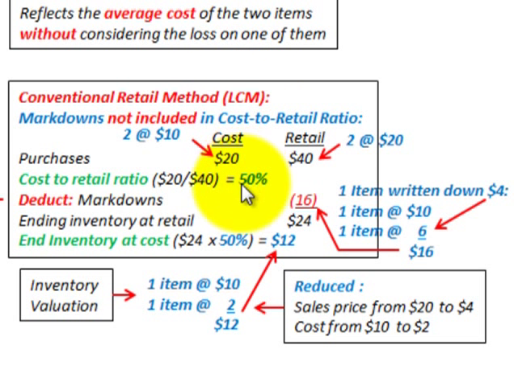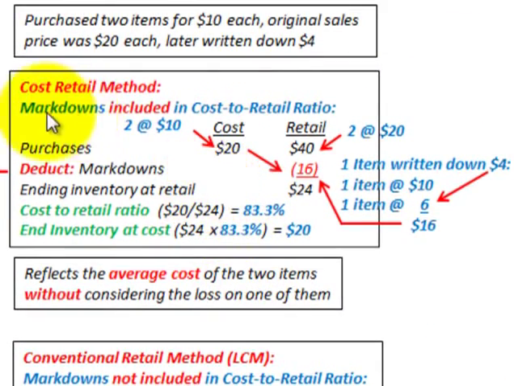Now with the lower cost or market method, our ending inventory at cost is lower than the cost to retail method. Our ending inventory at cost was $12 for this conventional retail method or the lower cost or market method. And then if we go up and look at the cost to retail method, our ending inventory, just to review that again, was $20. So it's greater here.